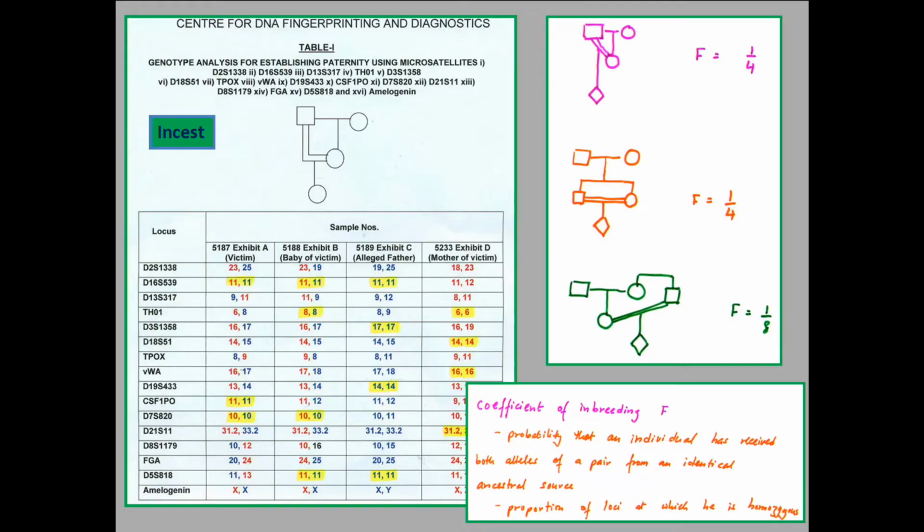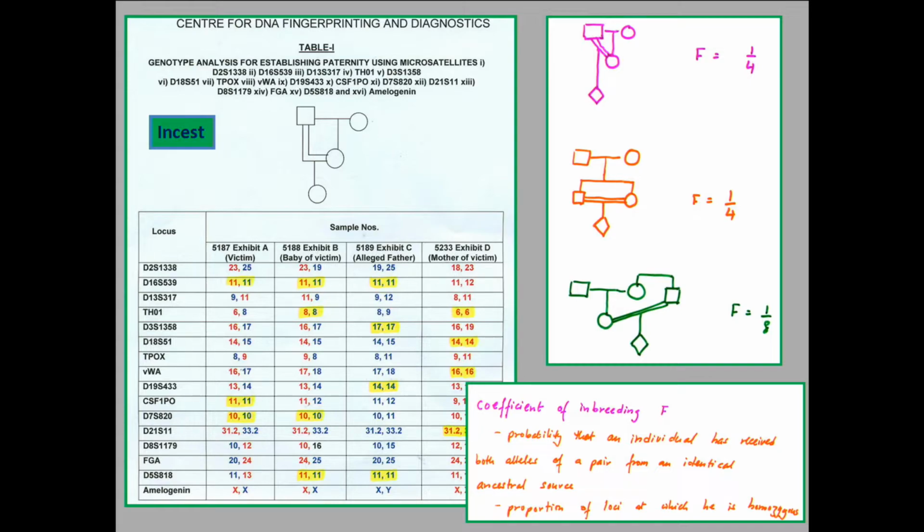So in an uncle-niece marriage, F is 1 by 8, right? And then there's first cousin marriage, and there can be further relatives and so on. So there is this F parameter, which is called the coefficient of inbreeding, which gives the fraction of the genome that is homozygous by descent. And I told you that for a father-daughter mating, it is 1 by 4.